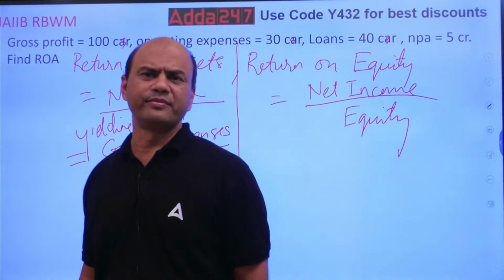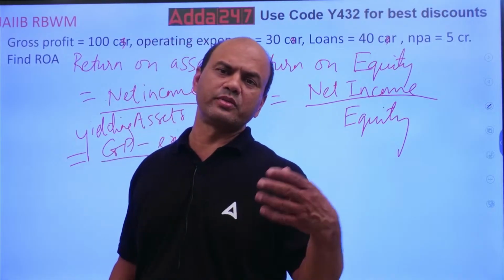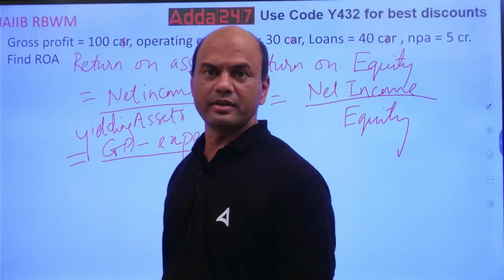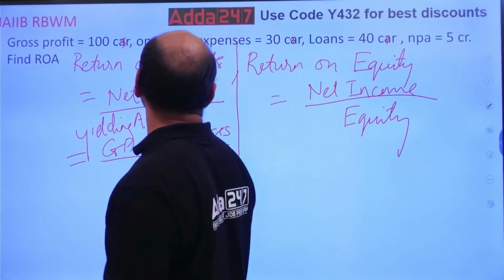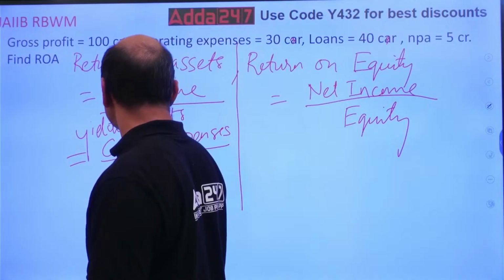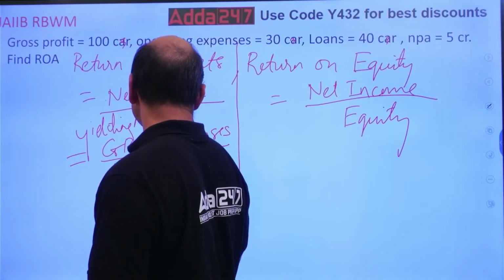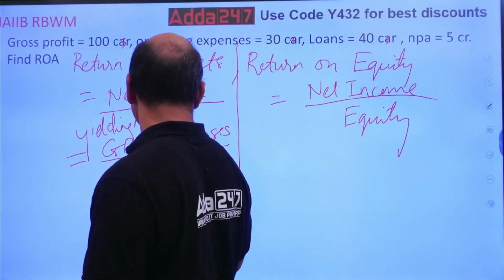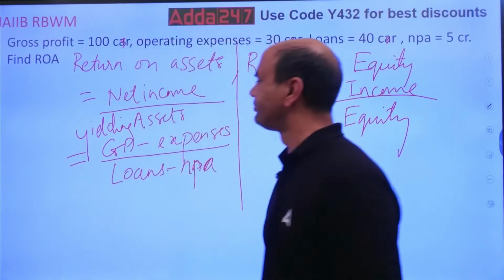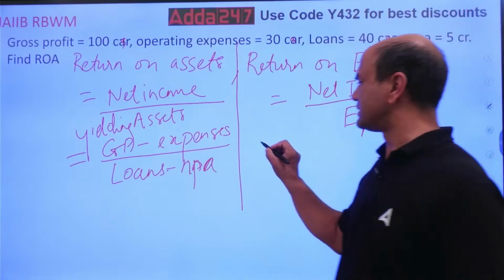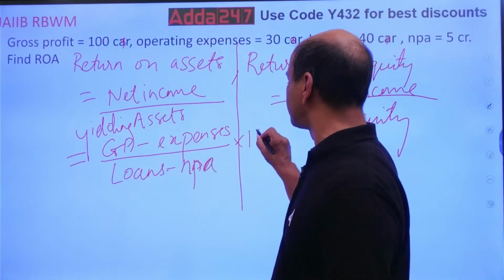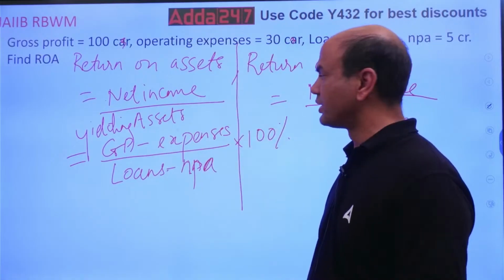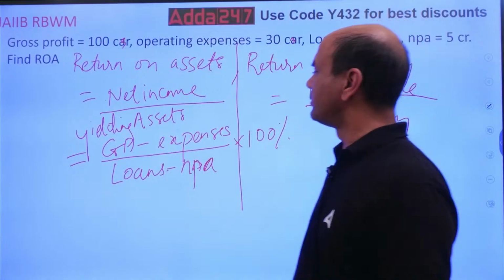NPA means it does not give you EMI or interest, basically income. So loans minus NPA, multiplied by 100. Here everything is multiplied by 100, always remember, because we require it in percentage.